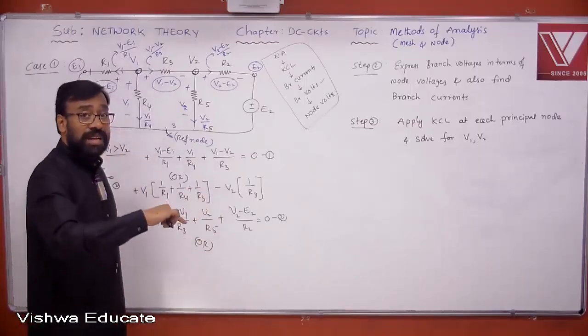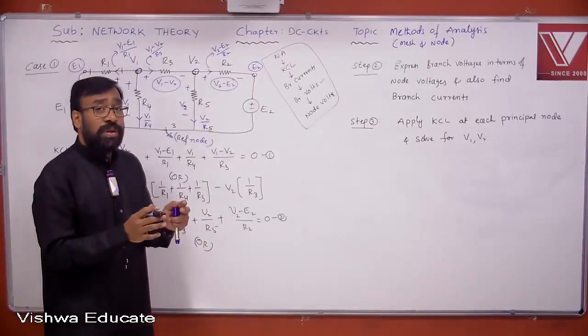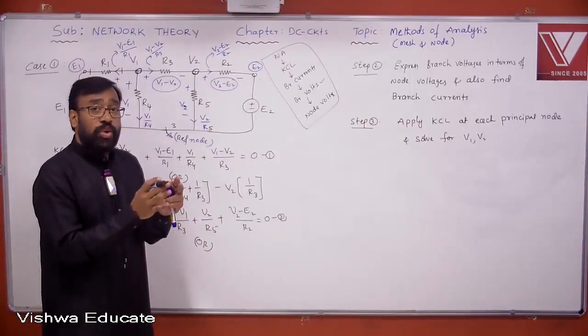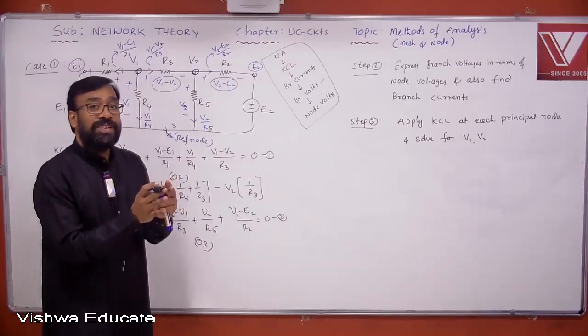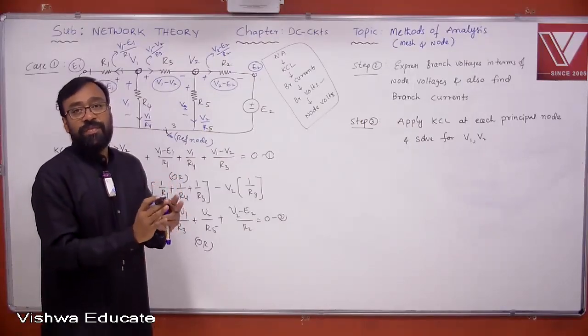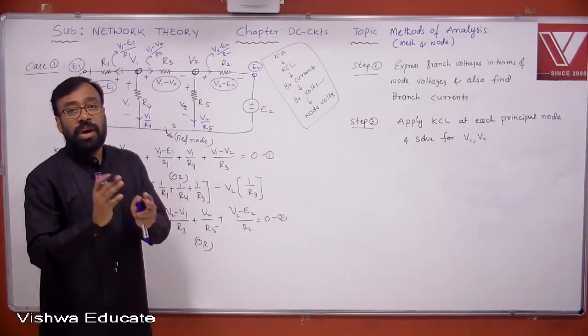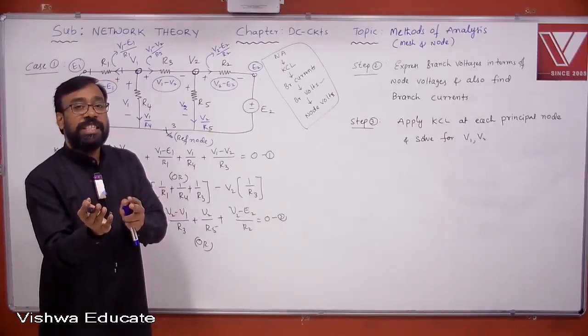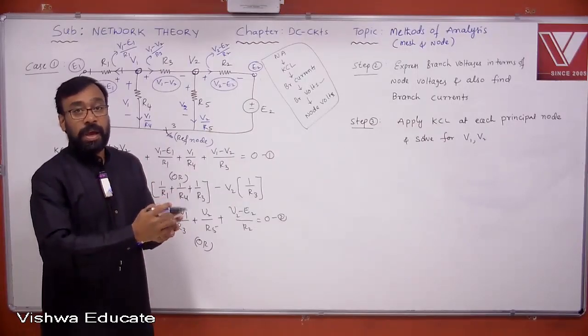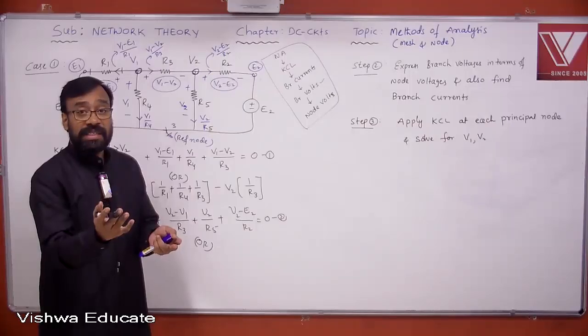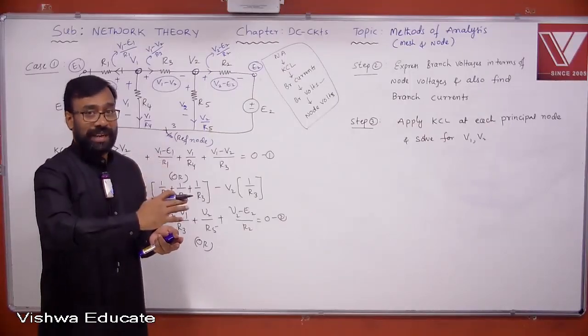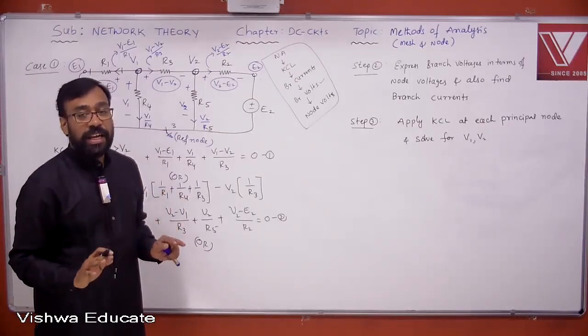But in mesh analysis, you must always be careful in checking whether the loop currents are flowing in the same direction or not. If they are flowing in the same direction, then off diagonal element sign is same as the diagonal element. Opposite direction, off diagonal element sign is opposite to the diagonal element. But in node analysis, it is very simple.